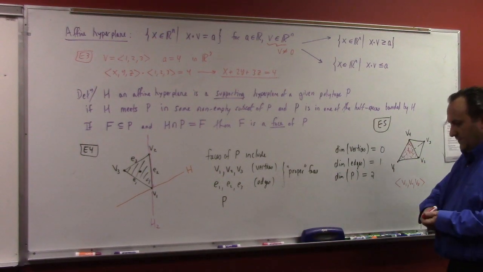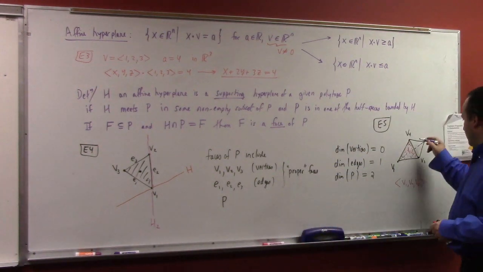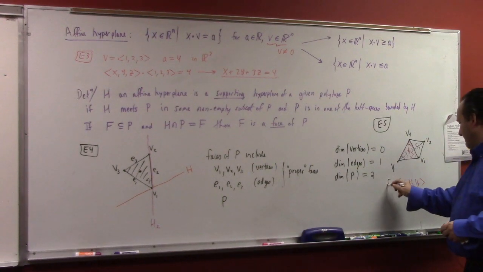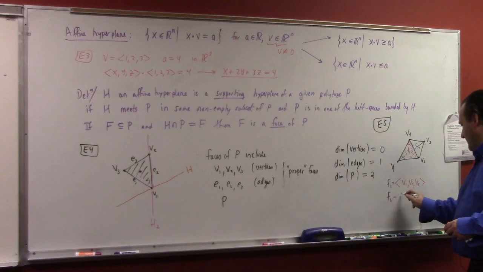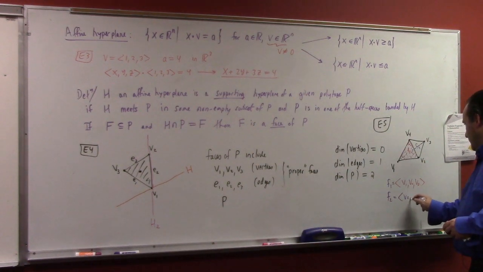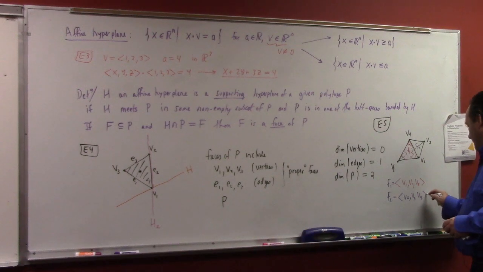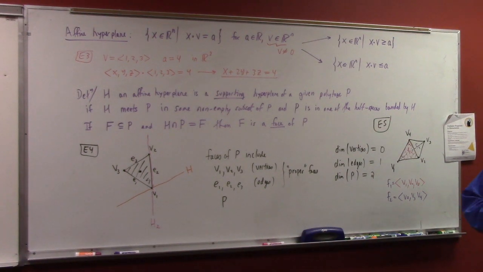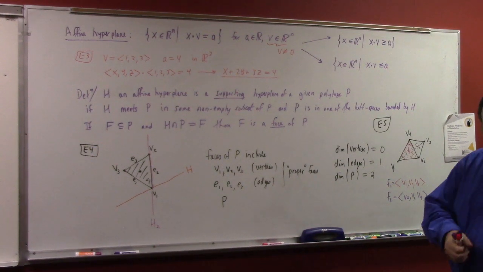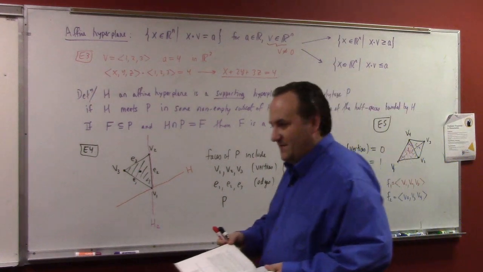On the other hand, if I wanted this one over here, face 2, I could obtain that as the convex hull of V2, V3, and V4. Rentland warns that it seems obvious that any face must be obtained as the convex hull of a subset of the points forming the polytope, but actually proving this requires effort. Since we're averse to effort, we're going to go on.